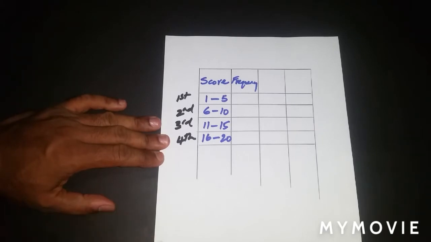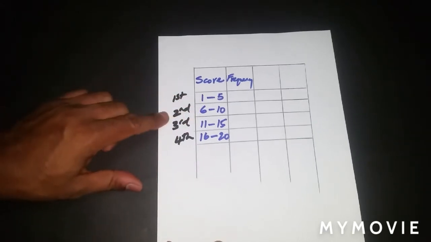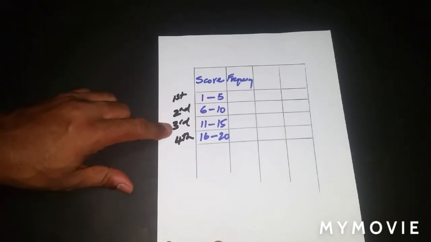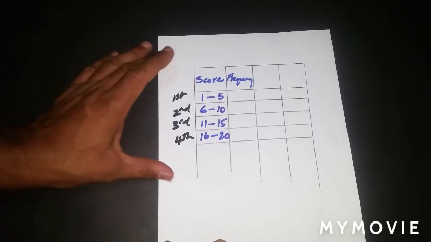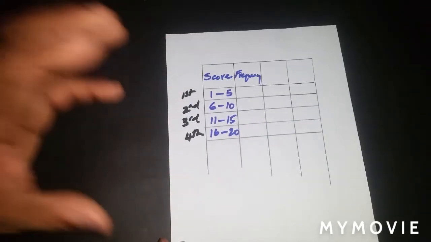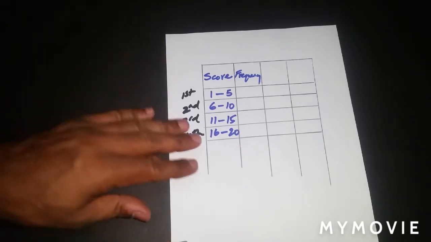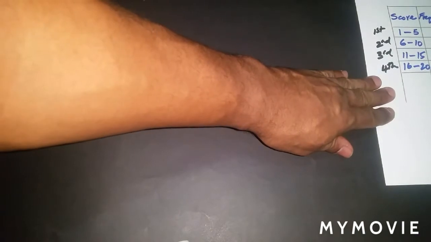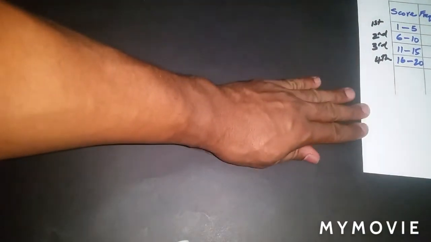So if you hear me say the first class, I'm talking about 1 to 5, second class 6 to 10, third class 11 to 15, and etc. So our focus is discussing class features or features of a class, whichever terminology you want to use, that's fine. So I'm just going to put this to the right of the video so that you can see clearly all of those classes. All right, let's get into it.